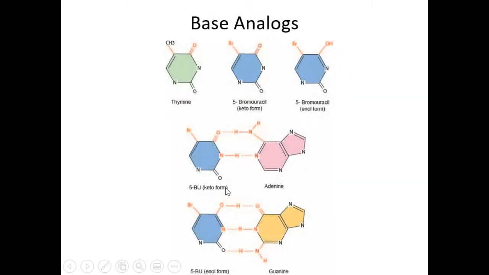And the base analogs: basically, these are mutagenic chemicals that can substitute for the normal purine or pyrimidine during nucleic acid biosynthesis. Once they replace the normal purine or pyrimidine, they introduce the mutation.